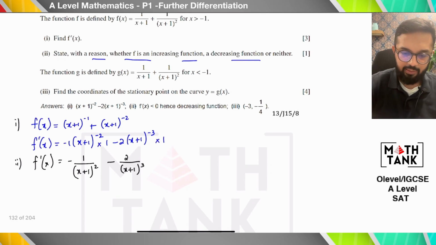Since x is greater than minus 1, this bracket is positive and there's a negative sign outside. So with the reason, I'm going to say that all terms are negative.